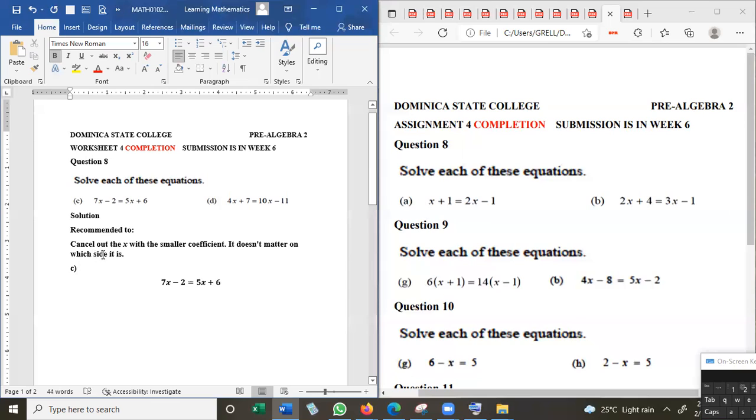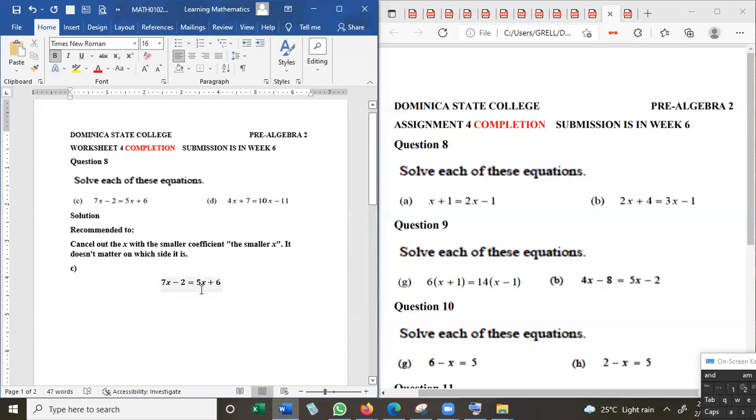To cancel out the x with the smaller coefficient, and some person may say the smaller x. So to cancel out the smaller x, and it doesn't matter on which side it is.